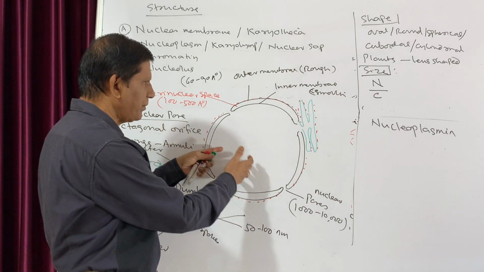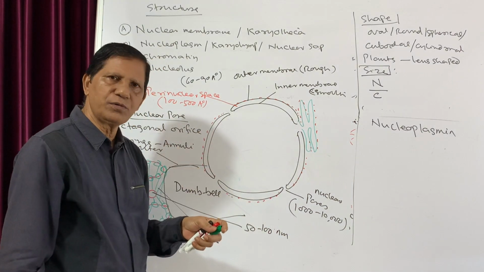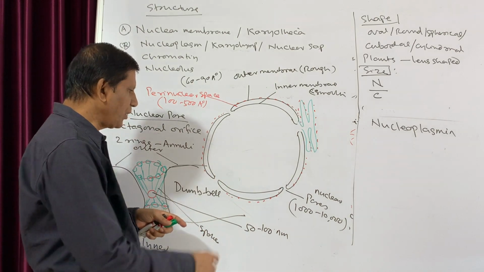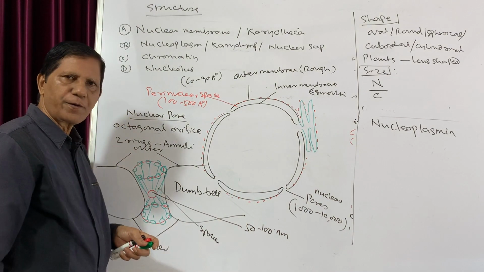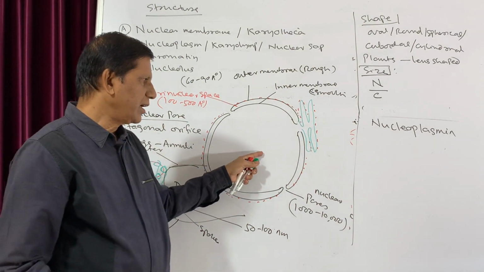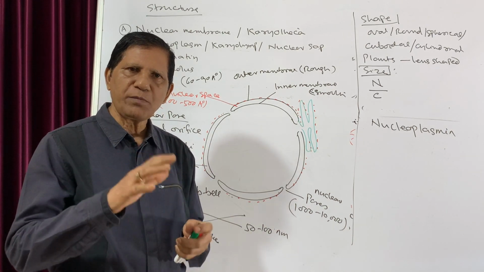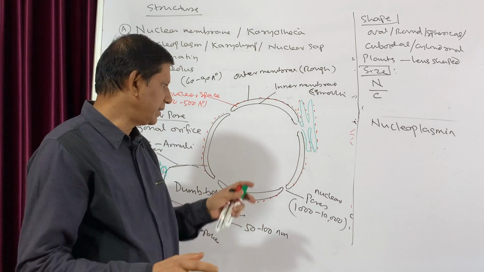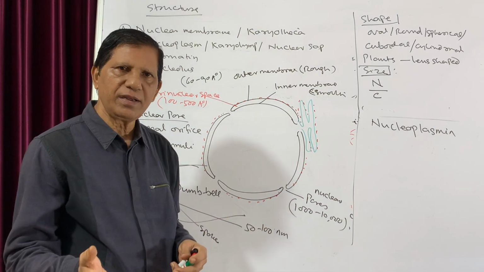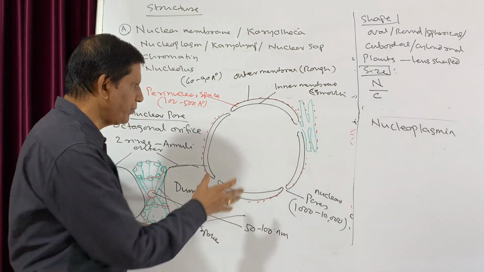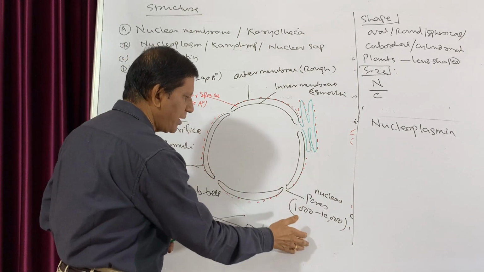The different types of minerals and substances will also go out. They will go out only through this nuclear pore. That is, through this nuclear pore, the ribosomal subunits, the different types of RNA and other substances move from the nucleus to the cytoplasm.